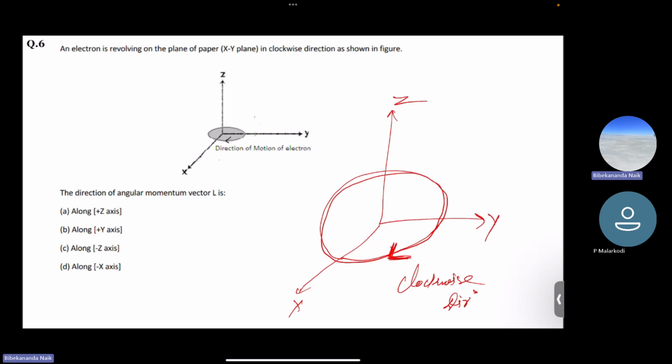So if we discuss the direction, the direction of L vector is generally governed by the right hand thumb rule. What does the right hand thumb rule say?